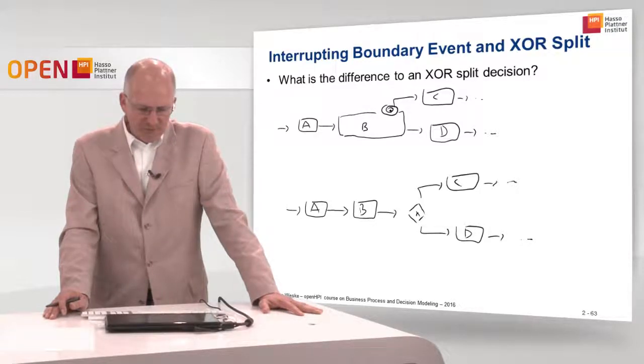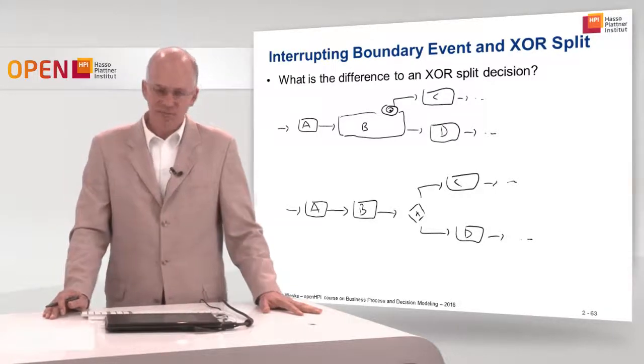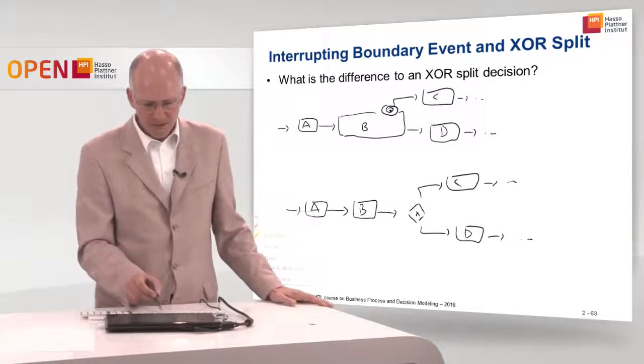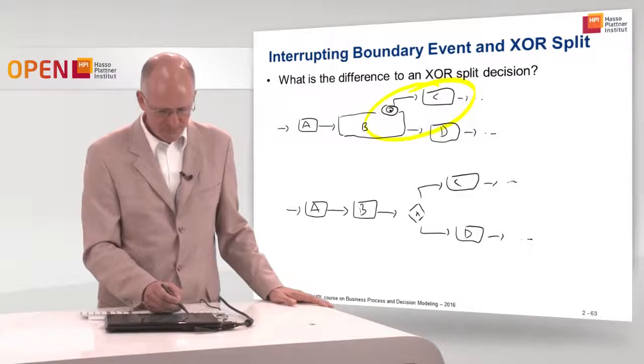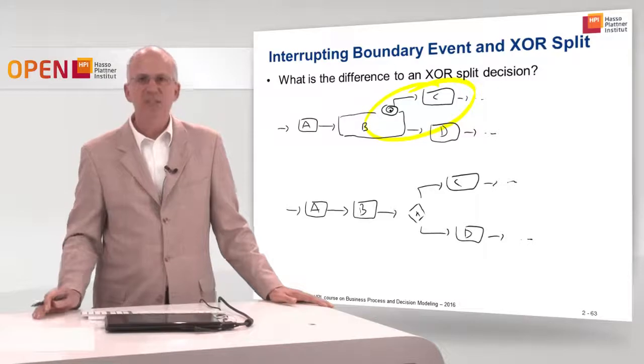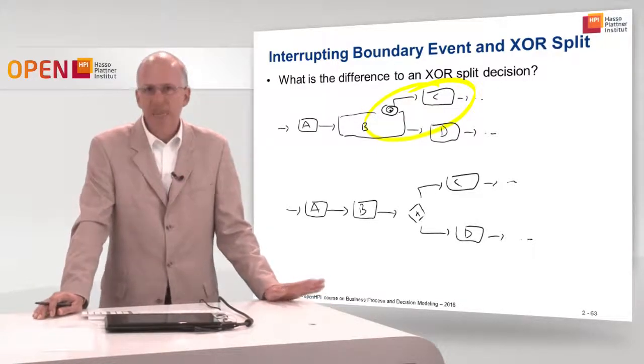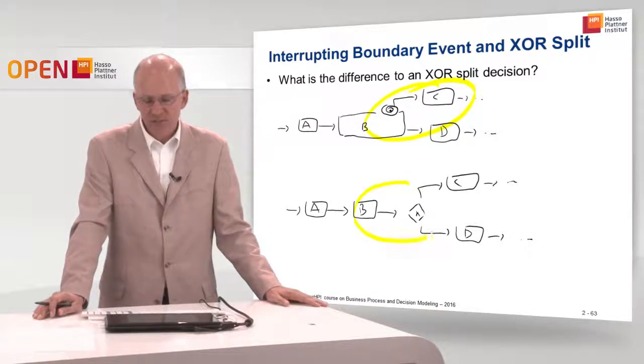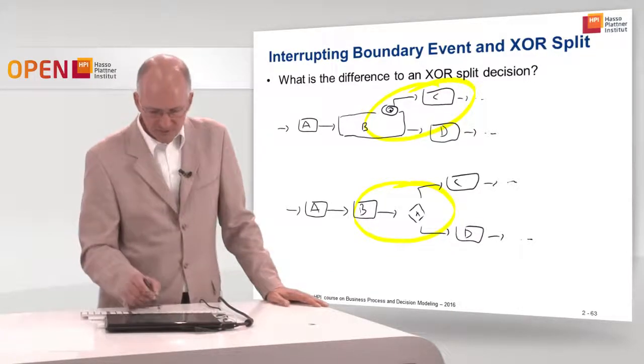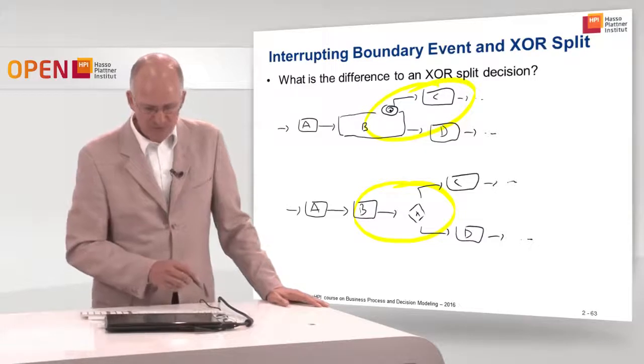So the first difference is that the execution behavior is different, because in the upper example, using the boundary event, activity B is interrupted, is cancelled when this event occurs. In the lower part, using the XOR split, that's not the case.